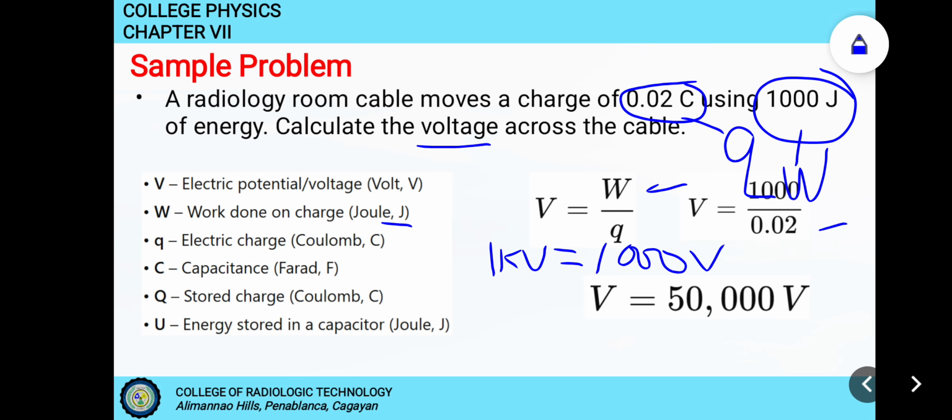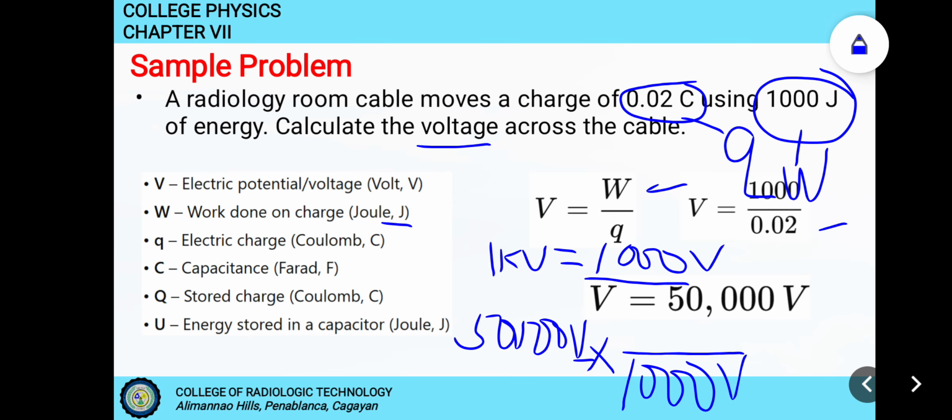So if we are going to convert this 50,000 volt, class, we have 50,000 volt times, what is our unit here? It's in volt. What is the value of volt here? It's 1,000. What is the equivalent of 1,000 volt in kilovolt? Of course, we have 1 kilovolt.